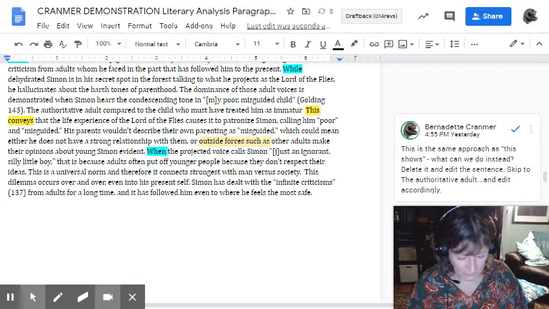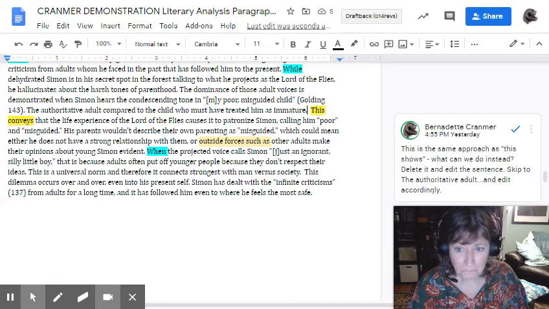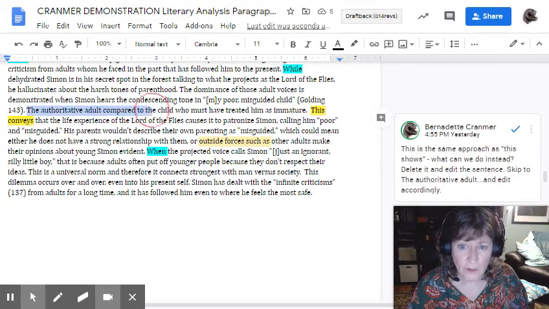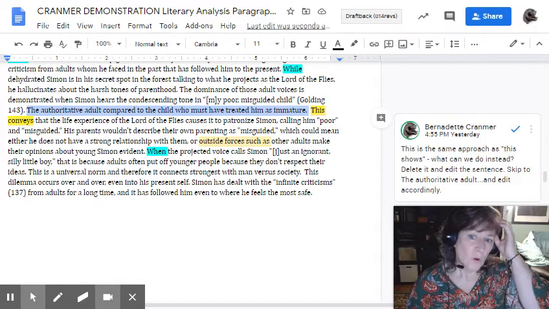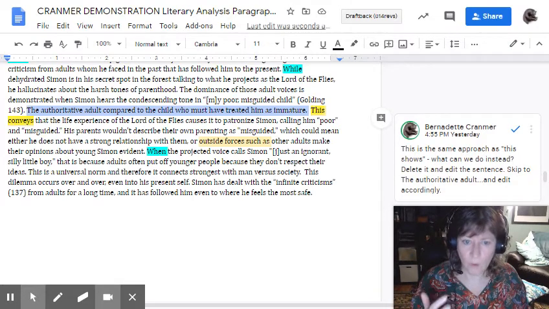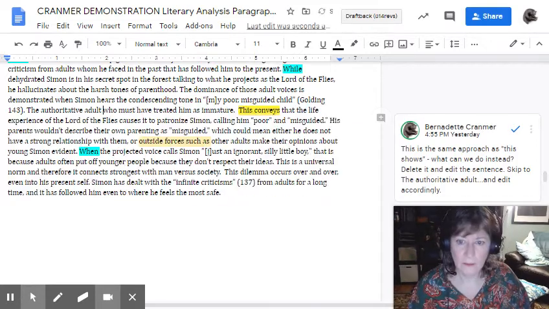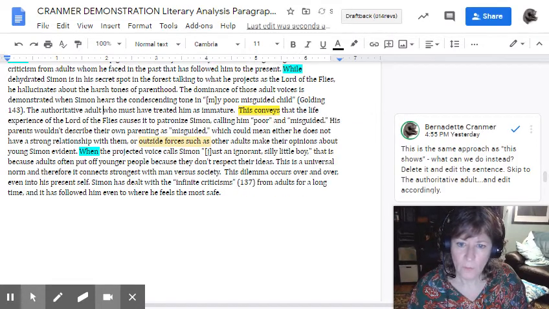Okay, now we fixed some things, but we also have a sentence that doesn't make sense now. We have the authoritative adult compared to the child who must have treated him as immature. Okay. We already know we're comparing the adult to the child. That's what we've been doing previously. So we don't need this phrase, "compared to the child." Okay, so if we get rid of that, we need a verb.